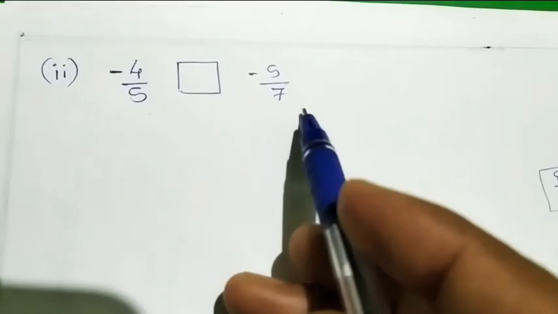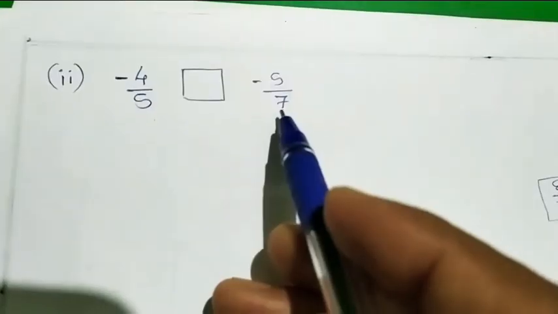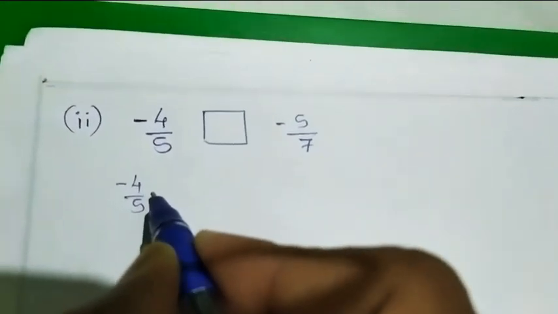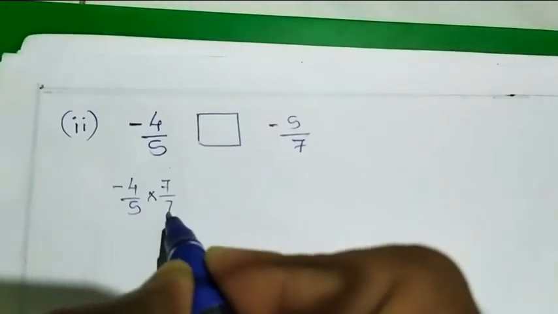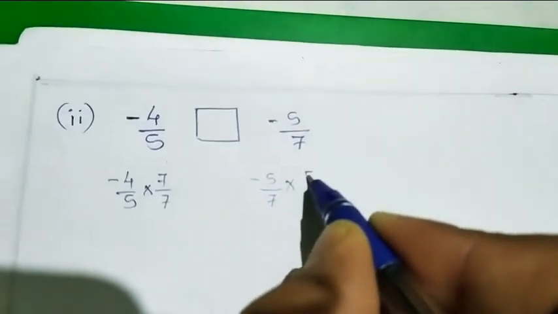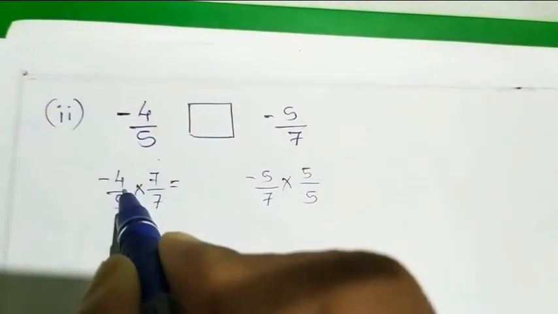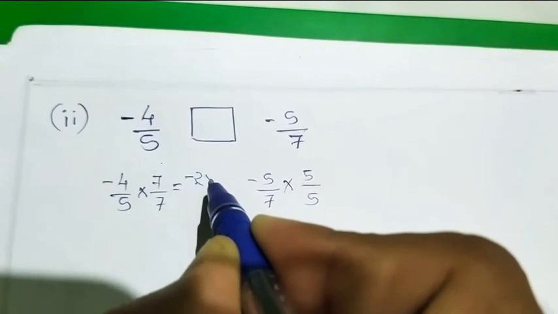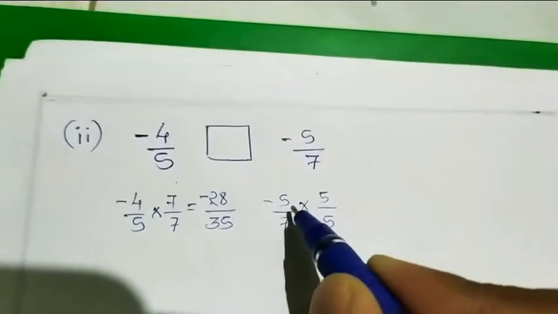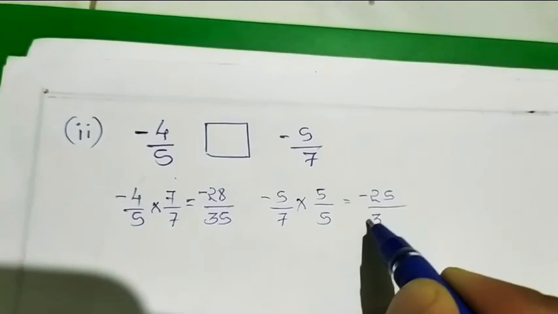Here 5 and 7, so the LCM will be 35. 5 sevens are 35, 7 fives are 35. So minus 4 by 5, multiply by 7 by 7, and minus 5 by 7, multiply this by 5 by 5. By this the denominators will be equal. So 4 sevens are minus 28 by 5 sevens are 35. Next, 5 fives are minus 25 by 7 fives are 35.